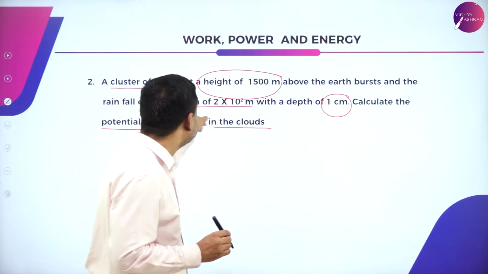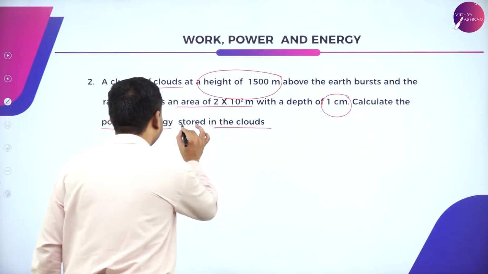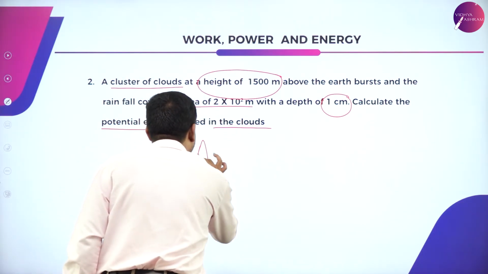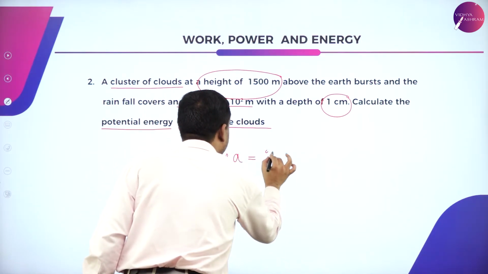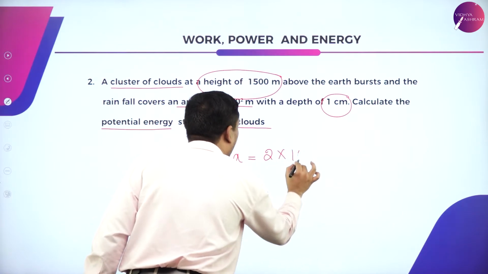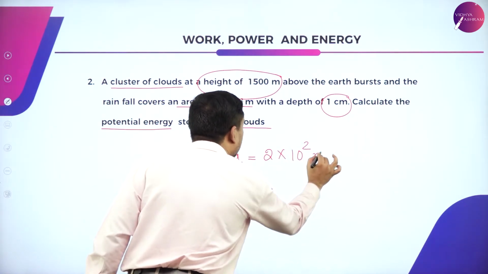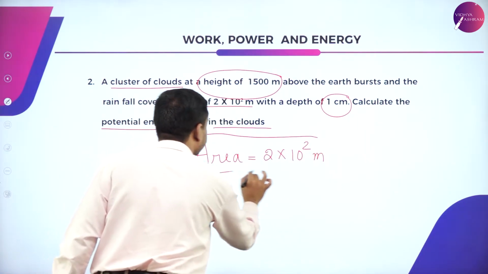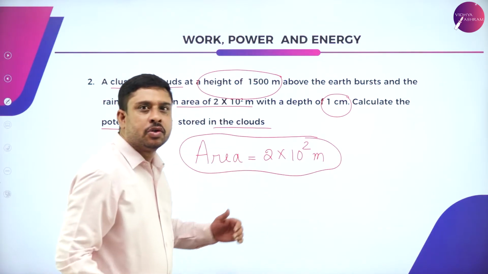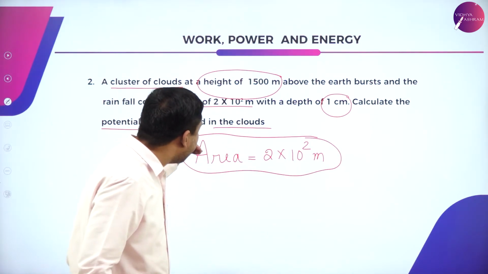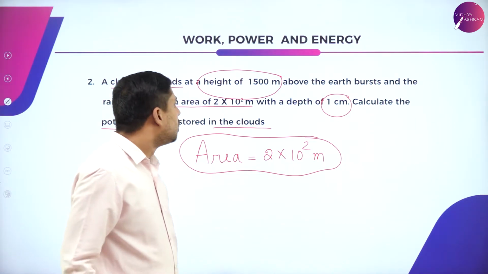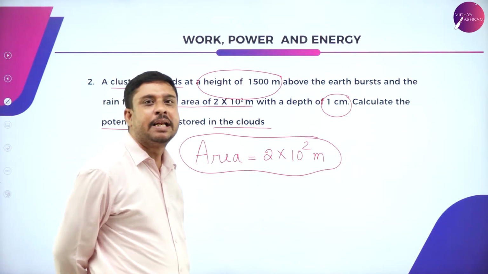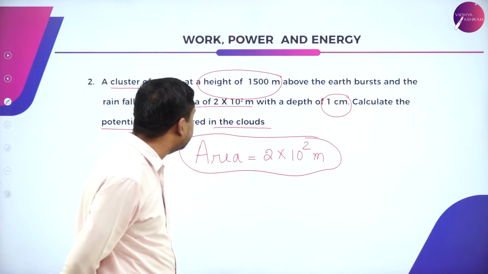So he says the rain is covering an area which is 2 into 10 power 2 meters. So the area covered by the rain is 2 into 10 power 2 meters.